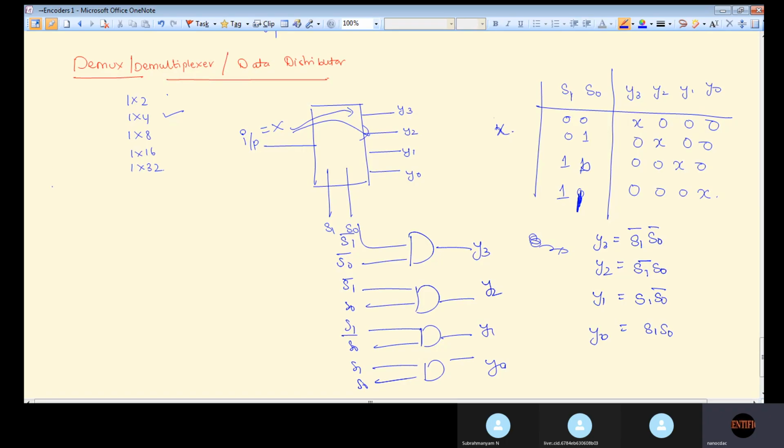And similarly, for a 1/8 DEMUX you will have S2, S1 and S0. From here you have y7, y6, y5, y4, up till y0. So you will have 8 outputs for a 1/8 demultiplexer.